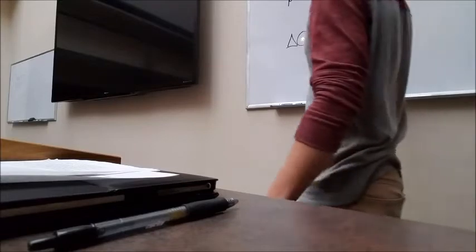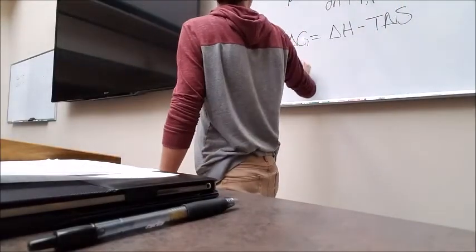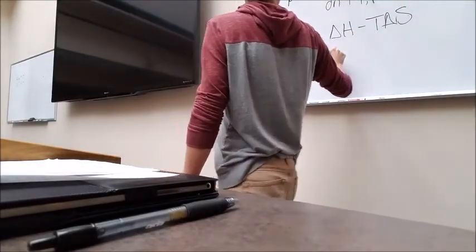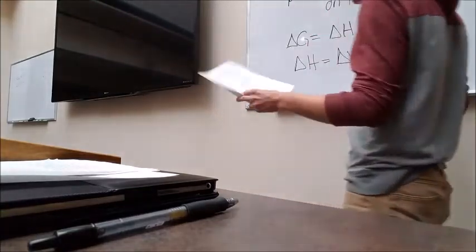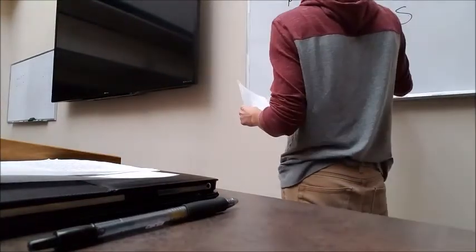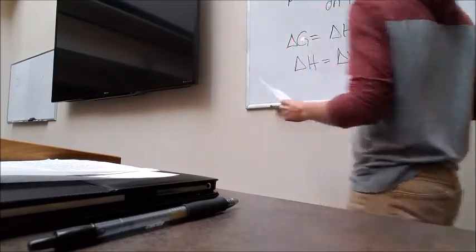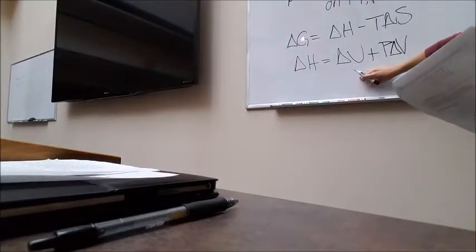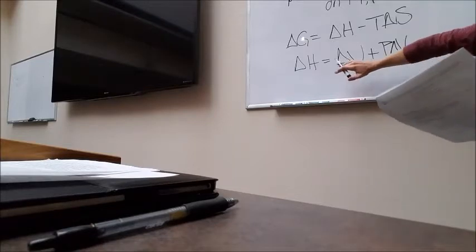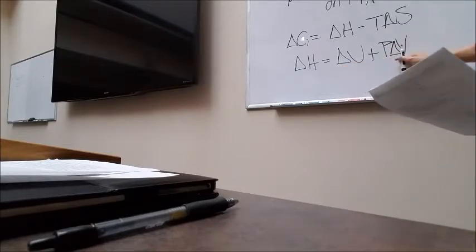So breaking this down further, what can we break down delta H into? Or delta U. Okay, so remember from earlier, at the top of our equation sheet, we had delta H is equal to delta U plus P delta V.